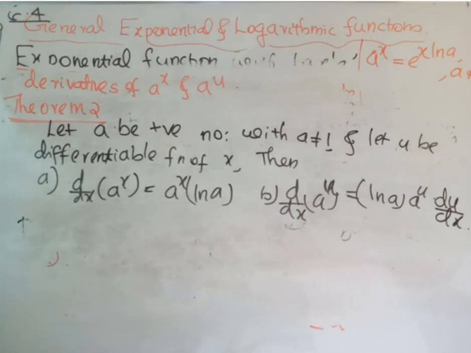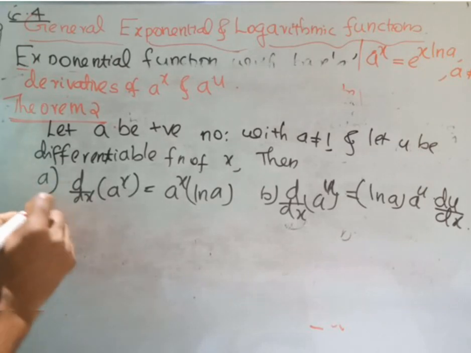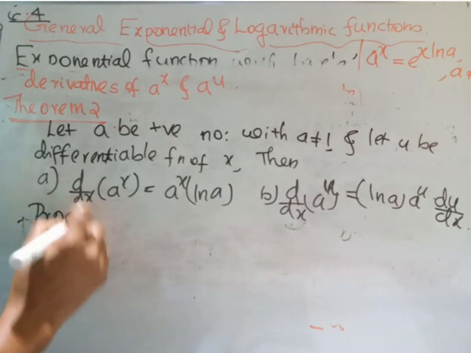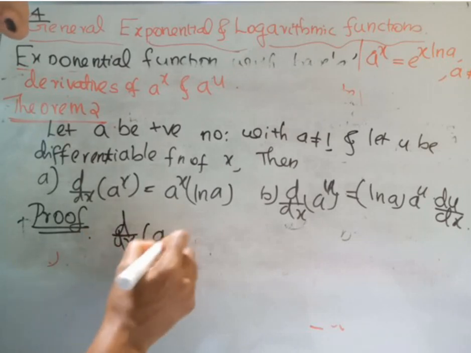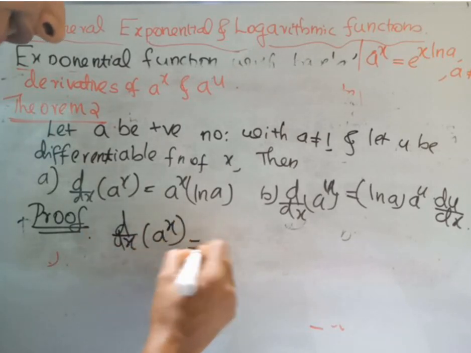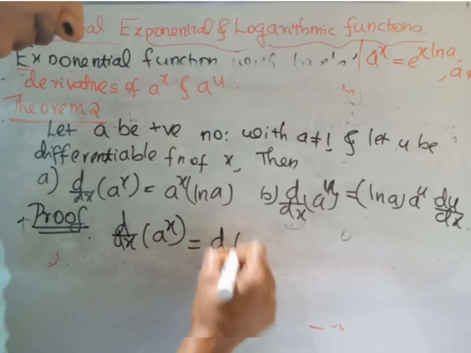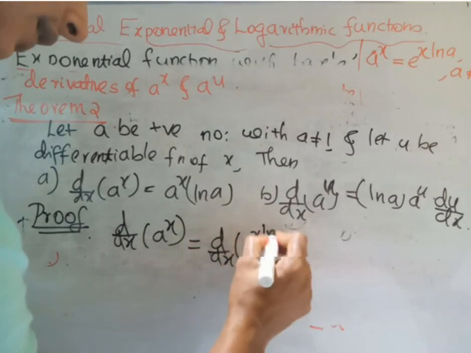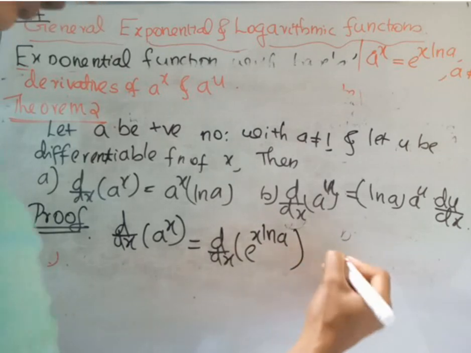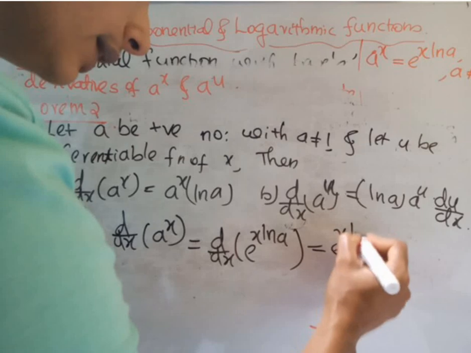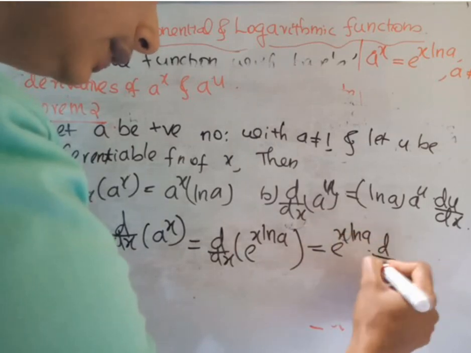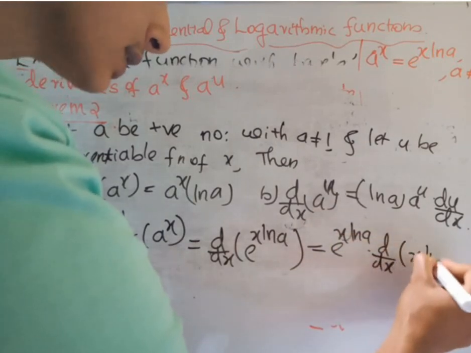How can you prove this? Using the definition itself, we can prove this directly. So first is the proof. d by dx of a raised to x is equal to d by dx of e raised to x log a, which is the same as e raised to x log a times d by dx of x log a.